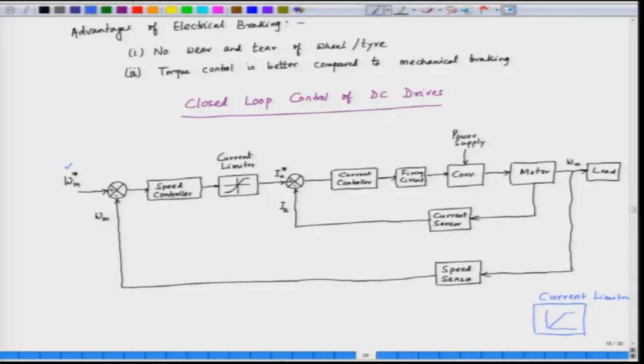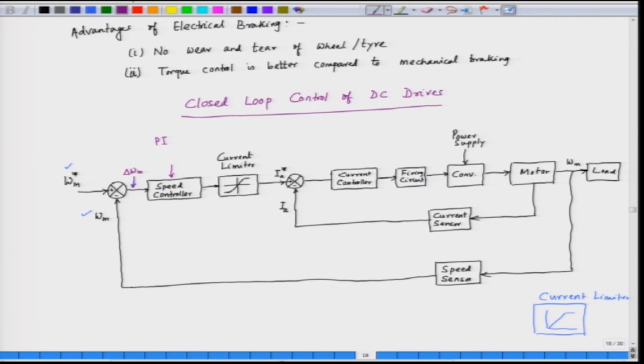Let us see how the control is accomplished. Now, we have a reference speed here, and the reference speed is compared with the actual speed. Let us say that the actual speed is less than the reference speed. So, we have a speed error, delta omega m, and the speed error is fed to the speed controller, which is usually a PI controller, a proportional and integral controller, which integrates and amplifies the speed error.